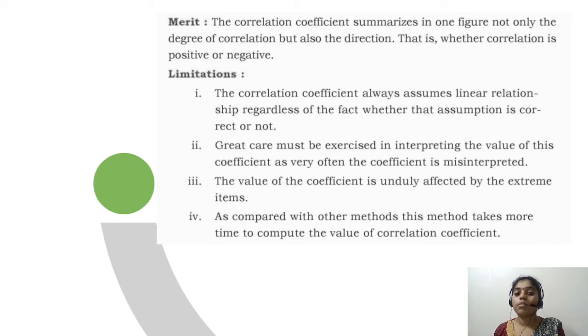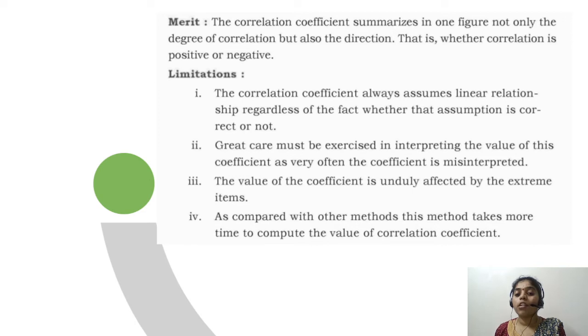Next come to the limitations or the demerits. What are the limitations and demerits? The correlation coefficient always assumes a linear relationship, regardless of whether that assumption is correct or not. This is the first limitation. The second one is that great care must be exercised in interpreting the value of this coefficient, as very often the coefficient is misinterpreted.